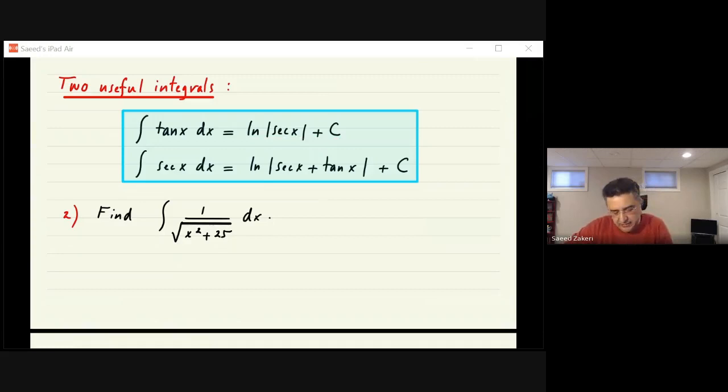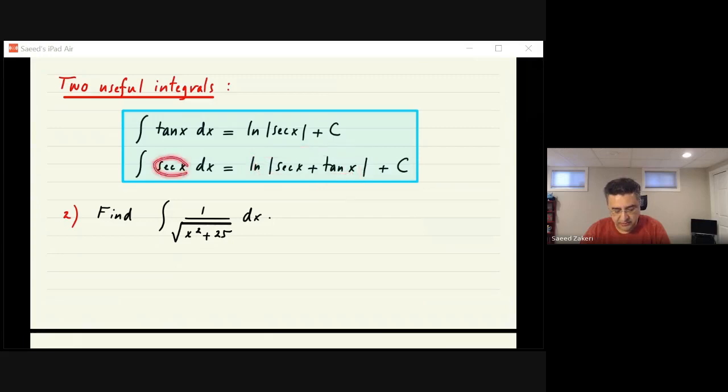There is a companion formula, the integral of secant. It turns out that using a similar trick, you can show that the integral of secant is ln of the absolute value of secant plus tangent. If you want to know why, take the derivative of this side.